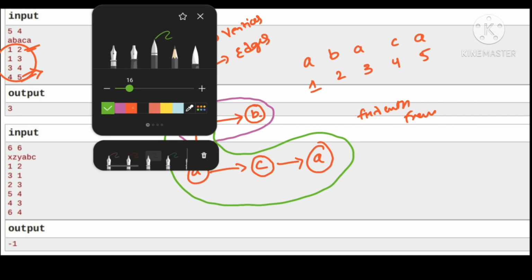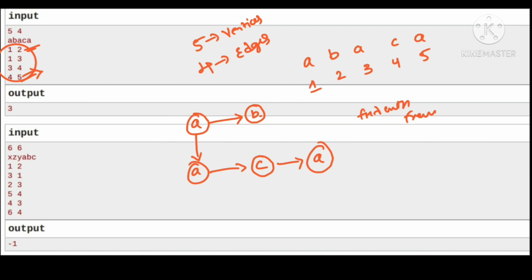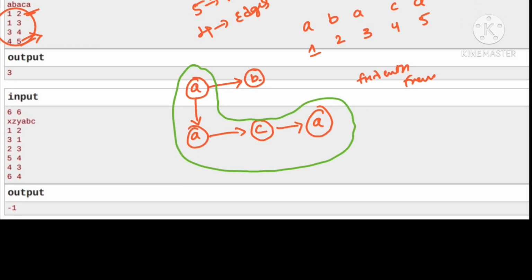You can also take this path, but that is not maximum, right? So you need to take the maximum possible paths. Let me take this path. If you take this path, what frequency do you get? In that we listed A, C, A. So the maximum frequency in this path is 3. So 3 is the answer.